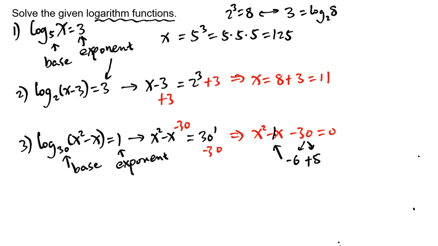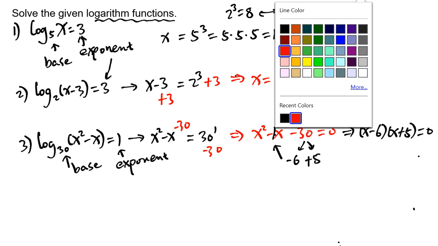So the expression will be x minus 6 times x plus 5 is 0.